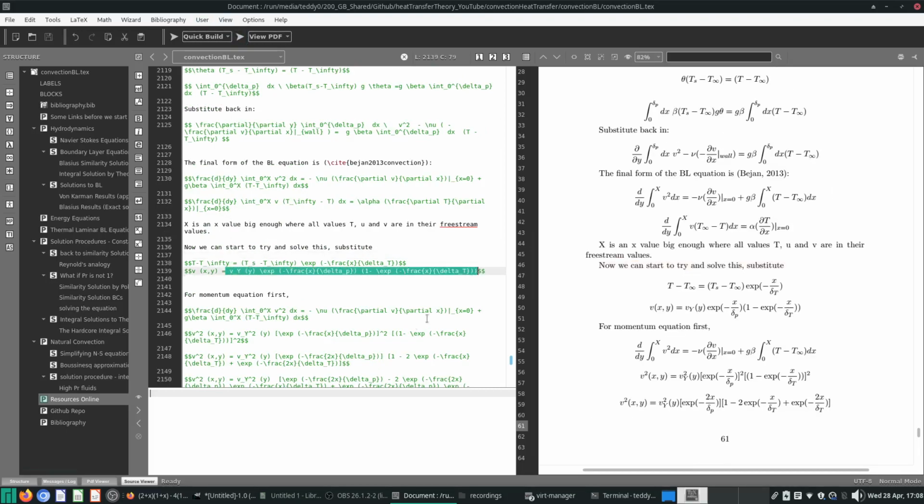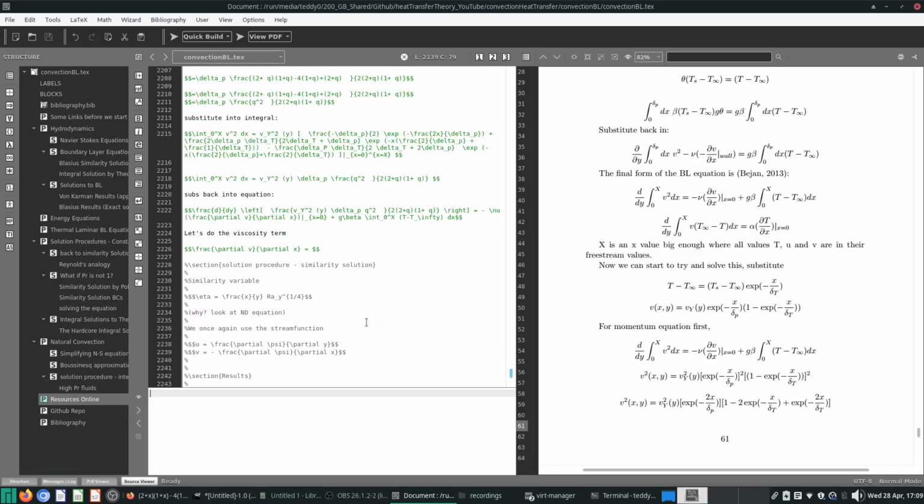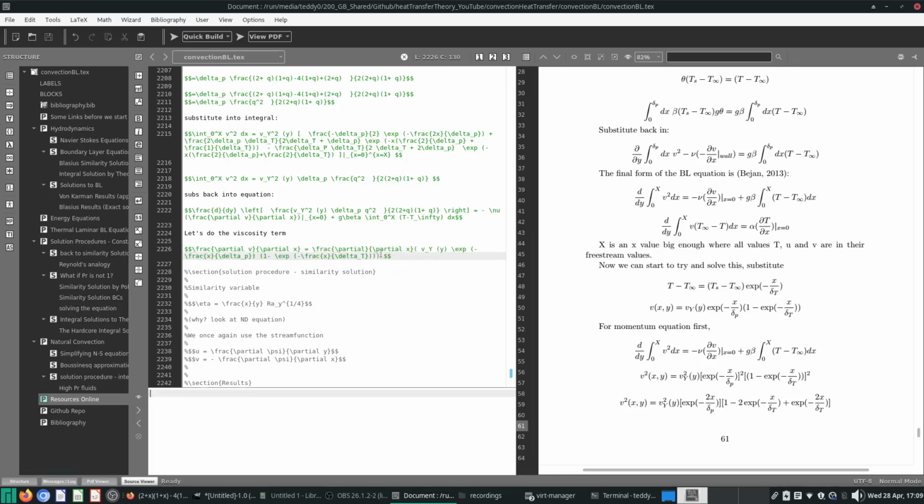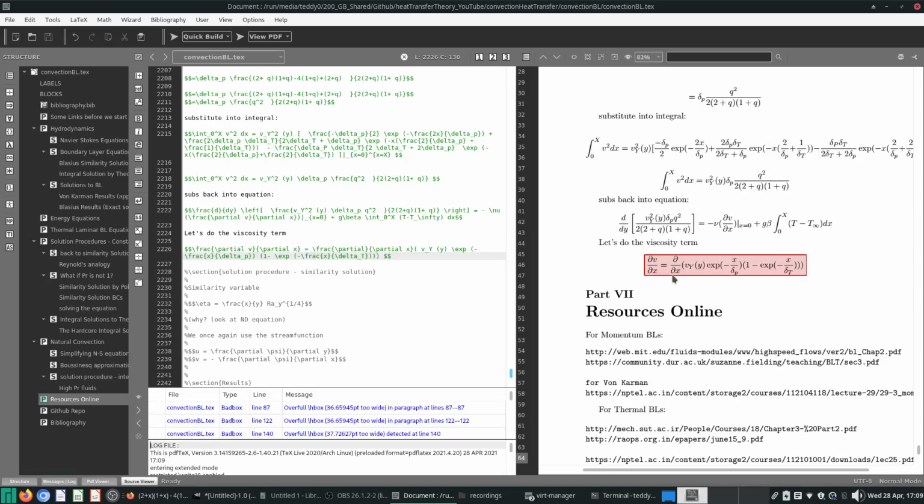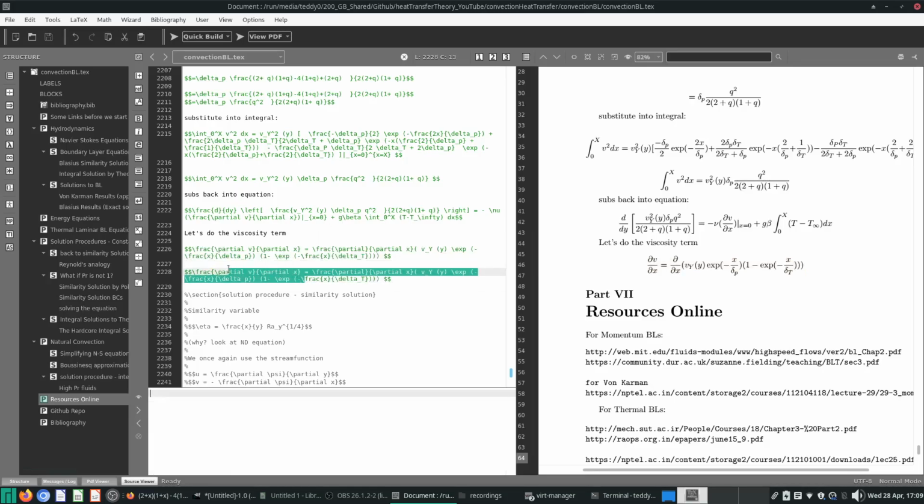So we'll need to differentiate all of this, partial by partial x. First thing first, we can bring the vy term out, because that's only dependent on y.